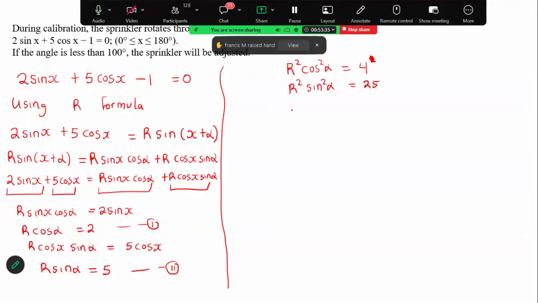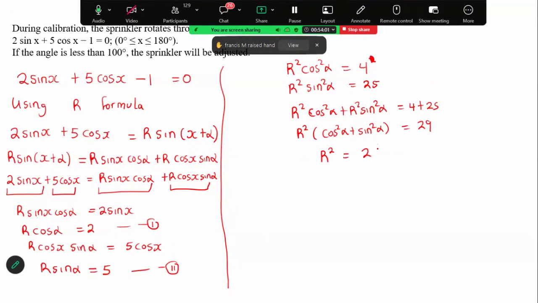So when you add, we get r squared cos squared of alpha plus r squared sine squared of alpha equals 4 plus 25. So this is r squared into cos squared alpha plus sine squared alpha equals 29. You know from your trigonometry, cos squared plus sine squared is always equal to 1. So you get r squared is equal to 29, and when you get the root, it will be root of 29.